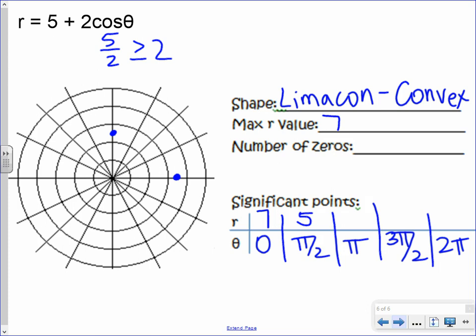The cosine of pi is -1, so we have 5 minus 2. The cosine of 3 pi over 2 is 0. And then at 2 pi, we're back at 7.